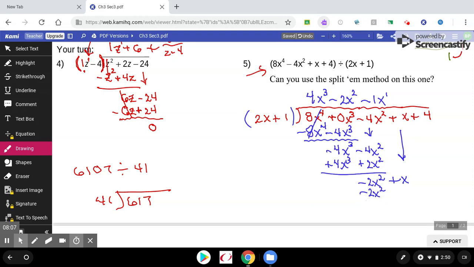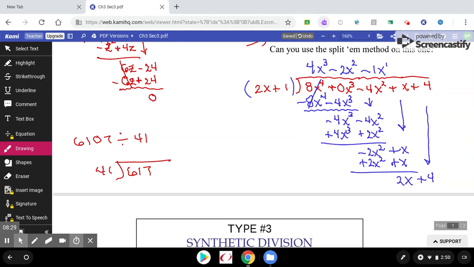What's negative 1x times 1? Negative x. Subtract down. So here's another mistake that people often make. I'm subtracting a negative, subtracting a negative. So 2x total. Bring down that 4. Last one to bring down. And let's see how I'm going to fit this in here.